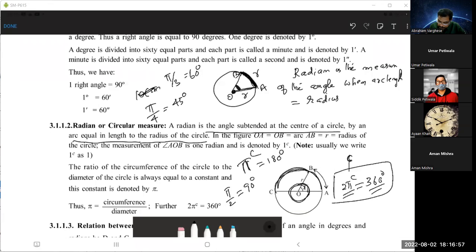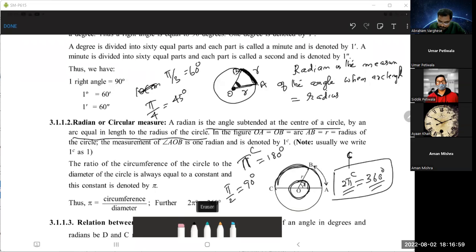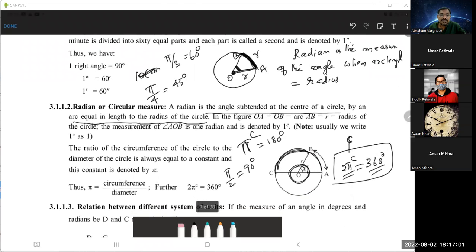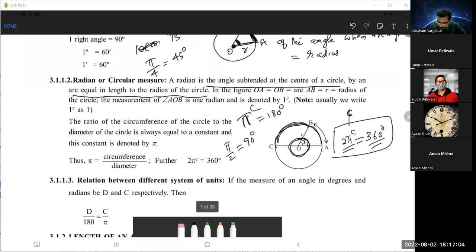Okay, fine. One more important thing, we can define pi based on this also. The value of pi is 3.14. It is an irrational number, so this is an approximate value only. You can define pi as the ratio of the circumference of a circle to its diameter. When you divide the circumference by the diameter, you will get pi. Circumference means perimeter, which is 2 pi r.